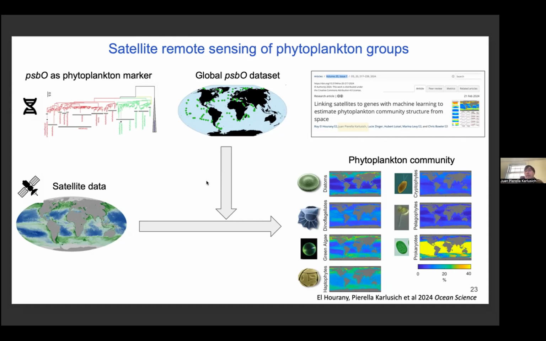So with time there will be an improvement of the coverage of the ocean, and this approach of integrating omics data and satellite data can be very useful for biodiversity assessment.